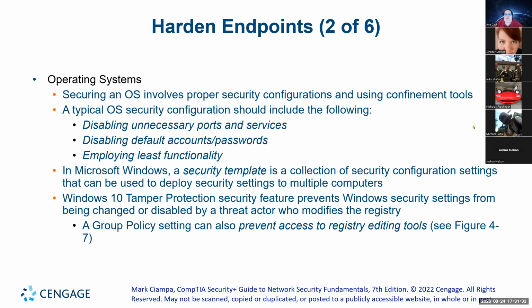In Microsoft Windows, a security template is a collection of security configuration settings that can be used to deploy security settings to multiple computers. Windows 10 tamper protection security feature prevents Windows security settings from being changed or disabled by a threat actor who modifies the registry. A group policy setting can also prevent access to registry editing tools.